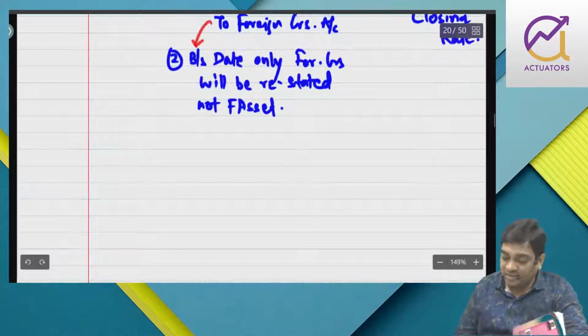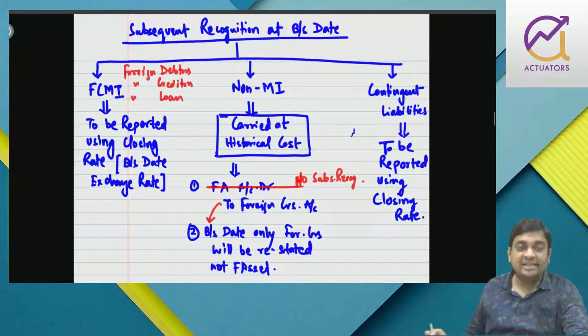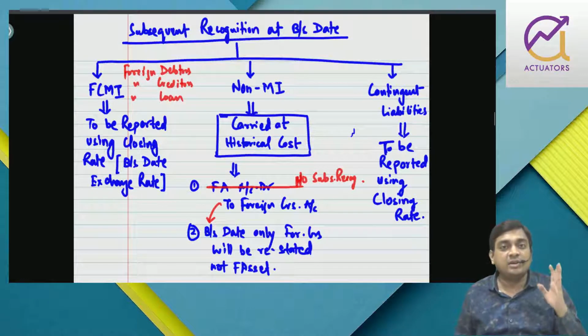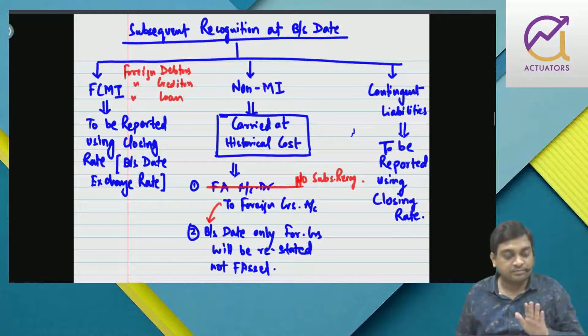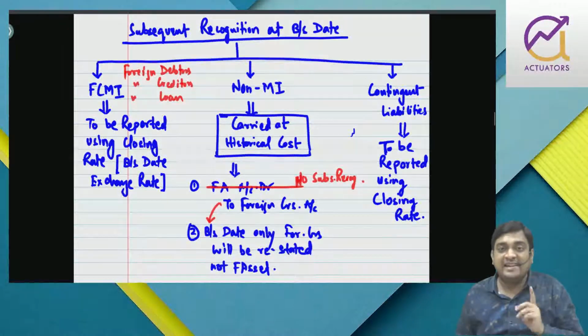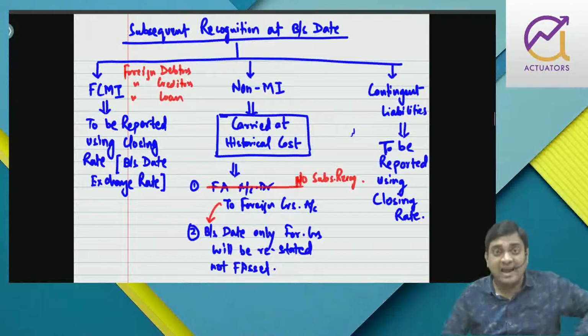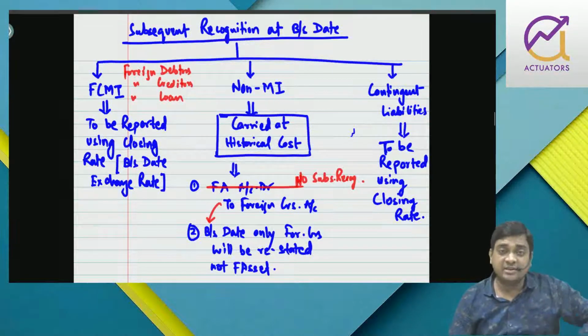I guess it's absolutely fine. So foreign currency transactions are initially recorded using the spot rate. Done. And only FCMI items will be restated, right? Only FCMI items will be restated at the balance sheet date using the closing rate.